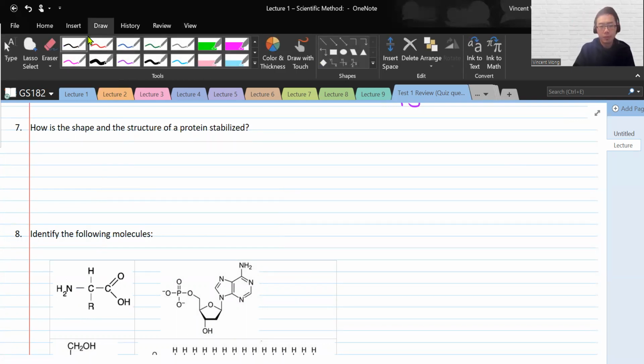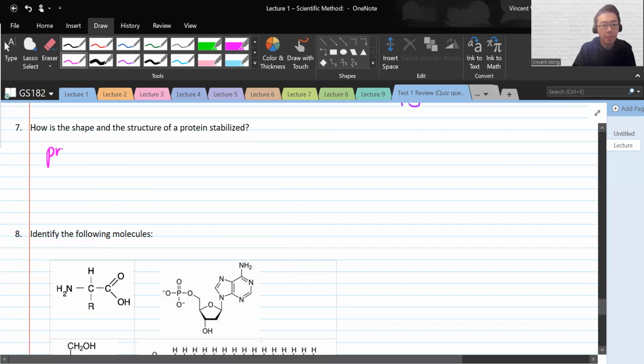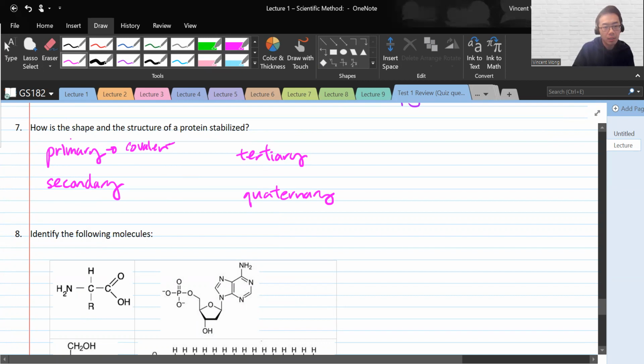There are 4 levels: the primary, secondary, tertiary, and quaternary. Primary is just the covalent bond holding the amino acids together. We can say peptide bond actually, that's the specific kind that holds them together.